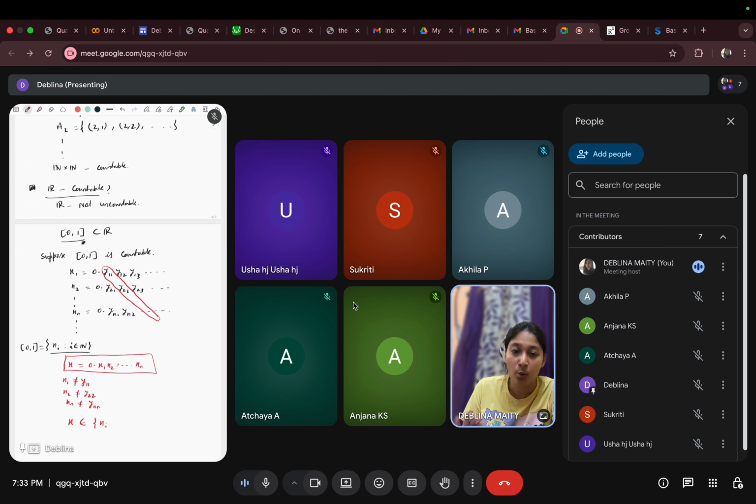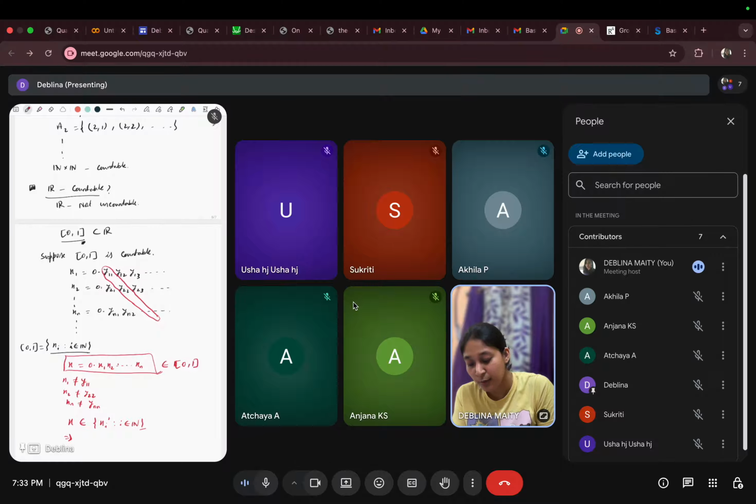So this x does not belong to the xi's. This means there is no xi which coincides with this x, because at some diagonal position it will be different. This means we have found a number which belongs to (0,1), since this is a decimal representation, and we are saying it does not belong to the xi's.